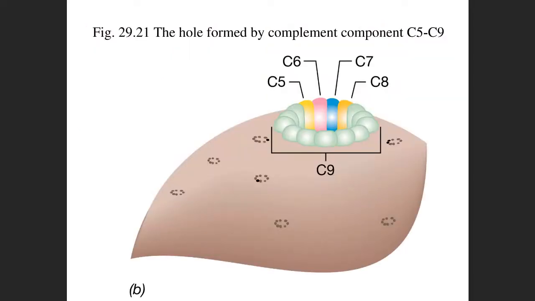And the net result is that the C5, 6, 7, 8, 9 proteins actually form a ring and punch a hole through the bacterial cell wall and cell membrane. And then the bacteria can have multiple holes, right? So if a bacterium has lots of holes on its surface, is the bacterium still alive?